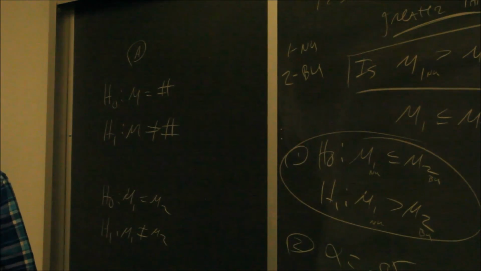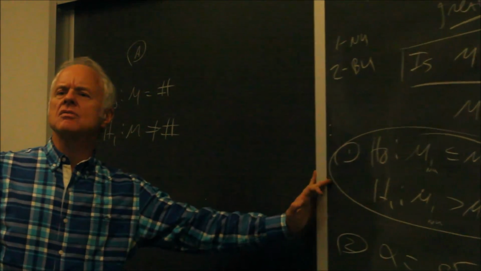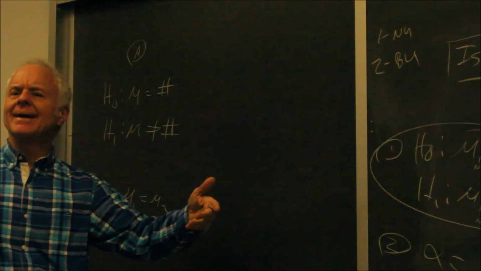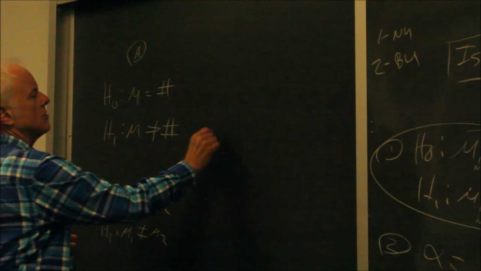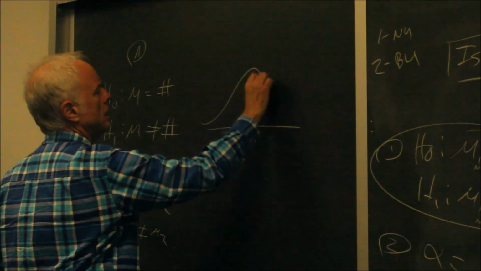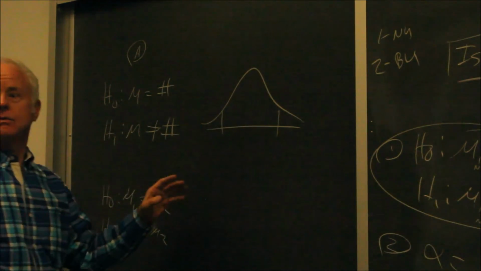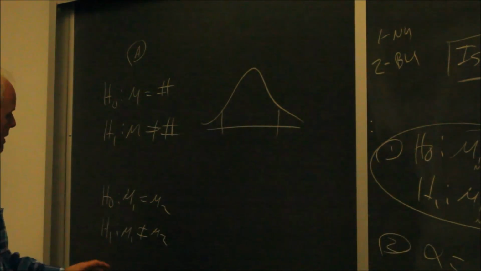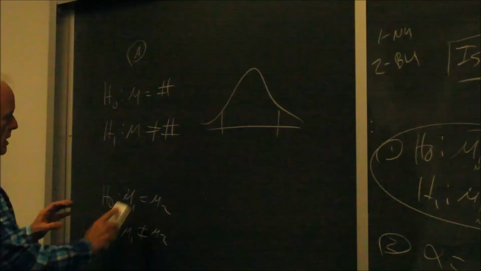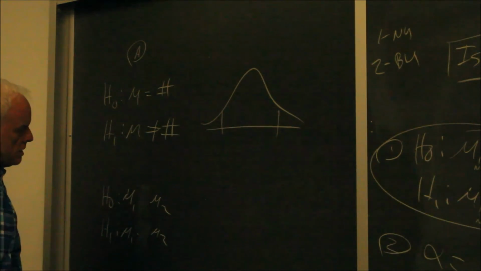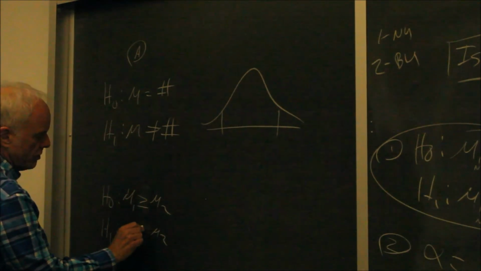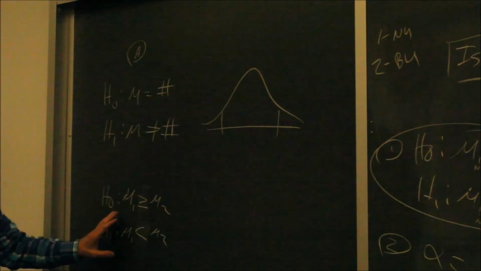See that? Okay? And so if it says, here it says if A, and then it looks like this. It's a 2-tailed test. You see that? Well, let's say it was less than or equal to, greater than or equal to versus less than.